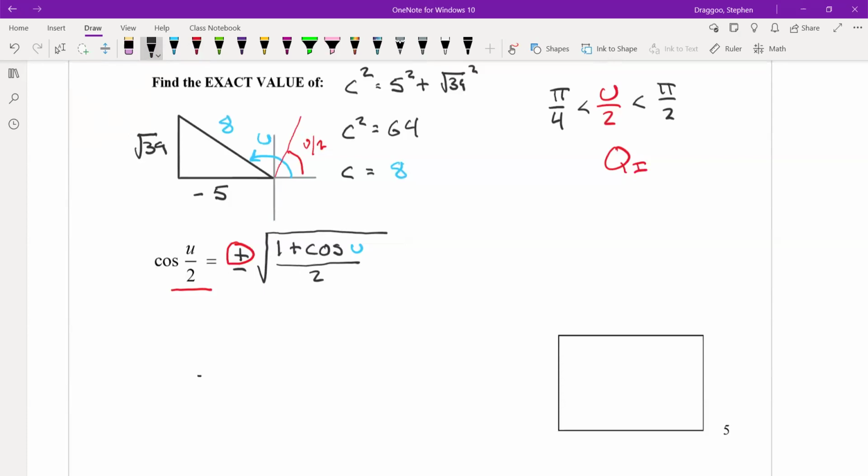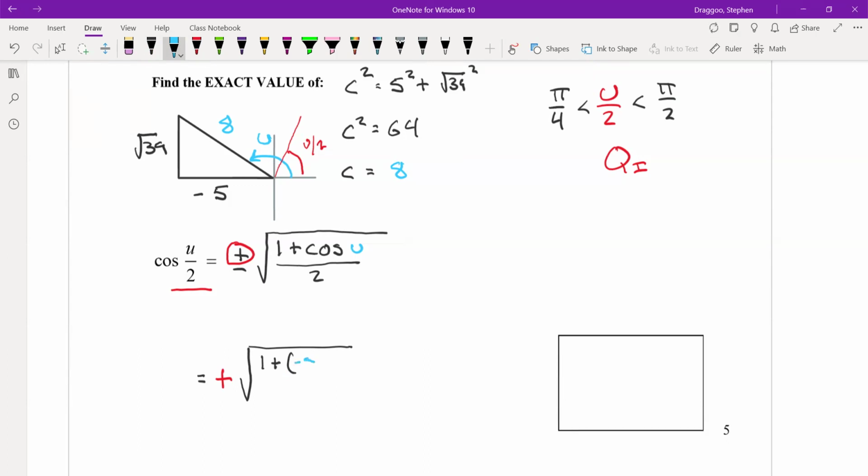So let's arrange that down here. I am looking at the positive square root of 1 plus the cosine of u, all over 2. I'm going back to u on the inside, going back to the blue angle. Everything I've done in blue is for the full angle u. Everything I've done in red is for the half angle, u over 2.